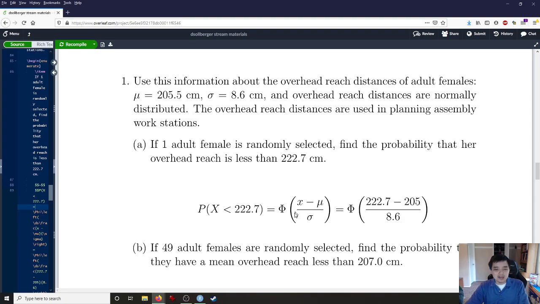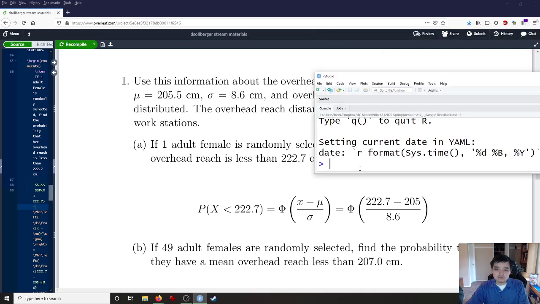Now, even if we had several semesters of calculus under our belts, the calculation would be tedious to do by hand. So we're going to focus on our software abilities. We're going to type this into RStudio. Finding the probability from a normal distribution, we'll once again import a pnorm function.